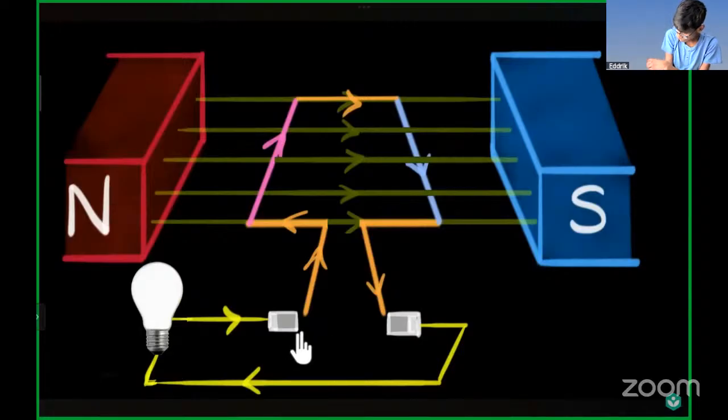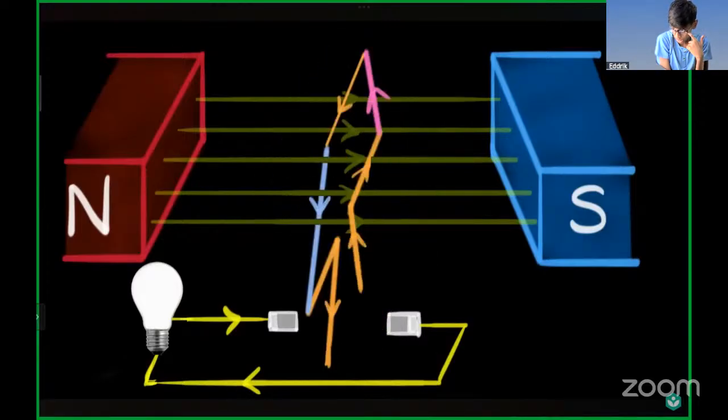Let's see why. If I want the current to flow this way in this position, I can connect this brush to this wire, the pink side, so that the current flows like this and comes out. But as the coil rotates and comes to this position, the current reverses.